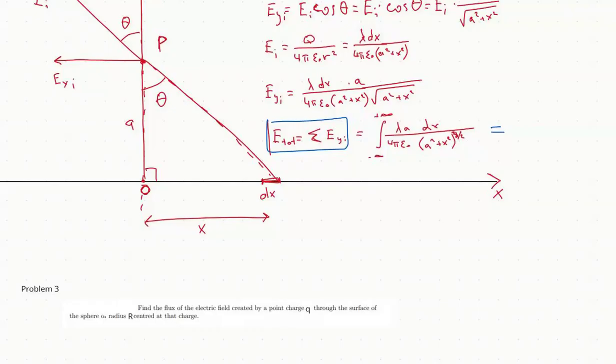and this is going to be lambda over 2 pi epsilon naught a. Okay, this integral is doable.